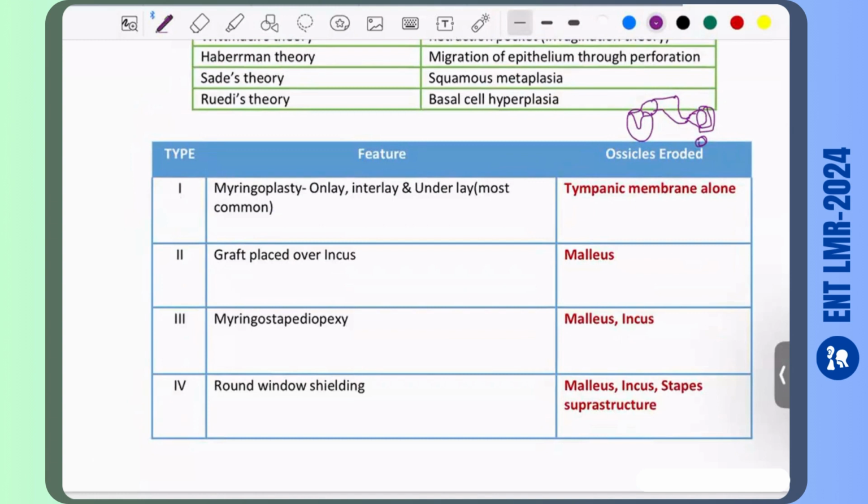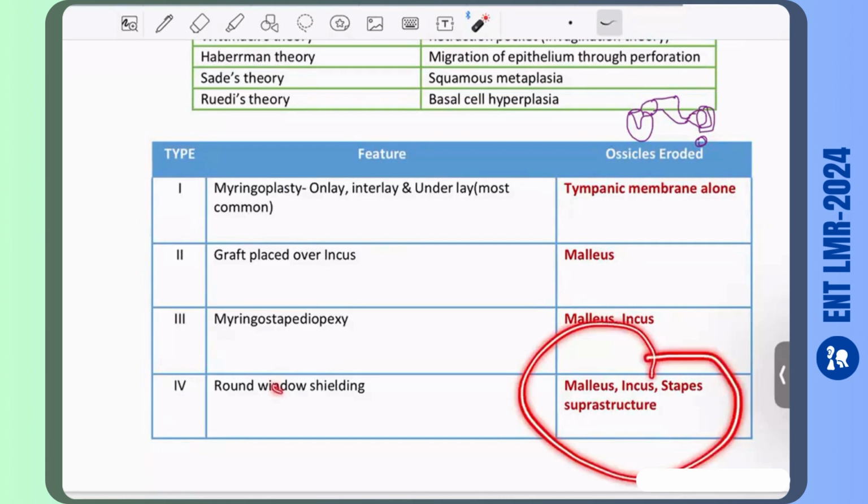If the malleus is eroded, we will place the graft over the incus. If the malleus and incus are eroded, we will place the graft over the stapes suprastructure. It is called myringostapediopexy. If the malleus, incus, and stapes suprastructure are all gone and only the stapes footplate is remaining, we will do round window shielding.